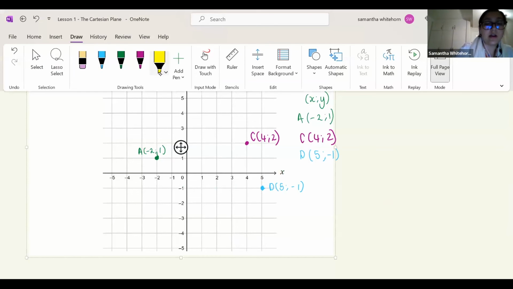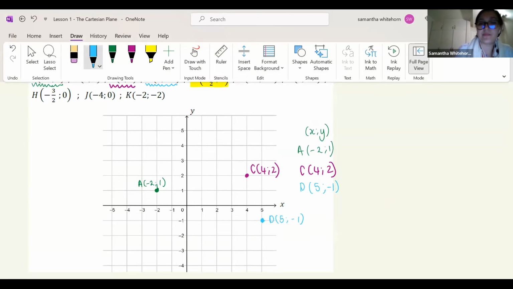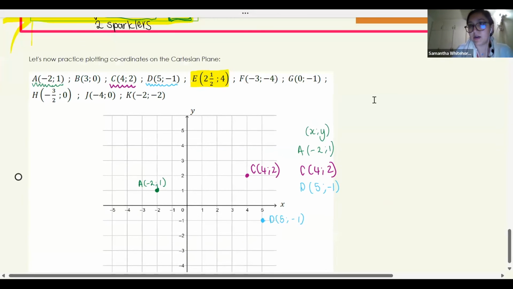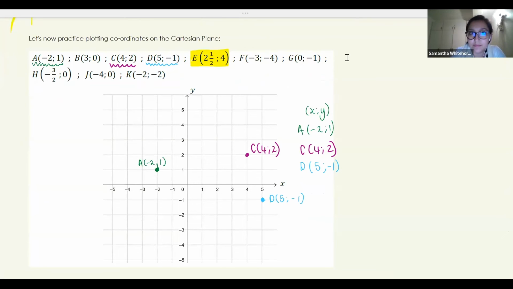I'm going to see who can tell me where we could plot E. Teto, I see your hand is already up. Would you like to explain E? Yes, ma'am. So ma'am, E is 2.5 and 4.